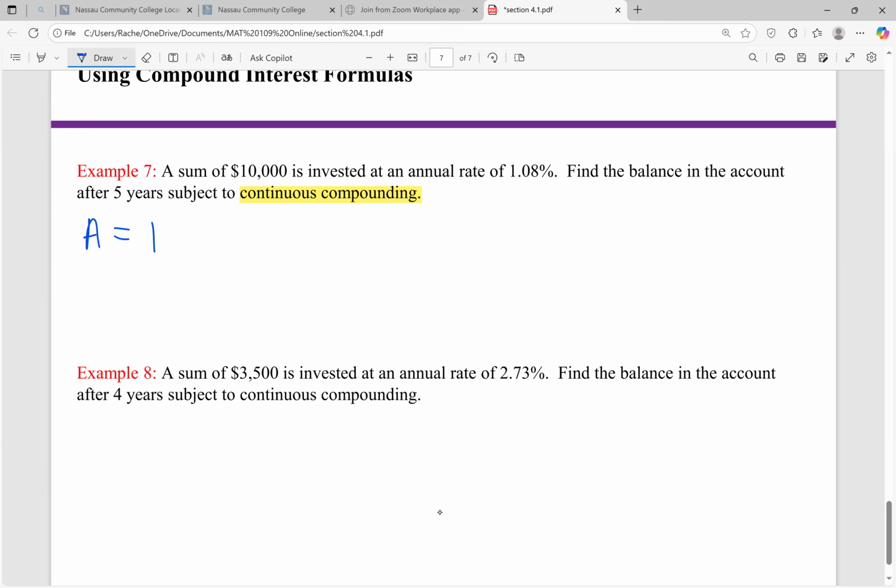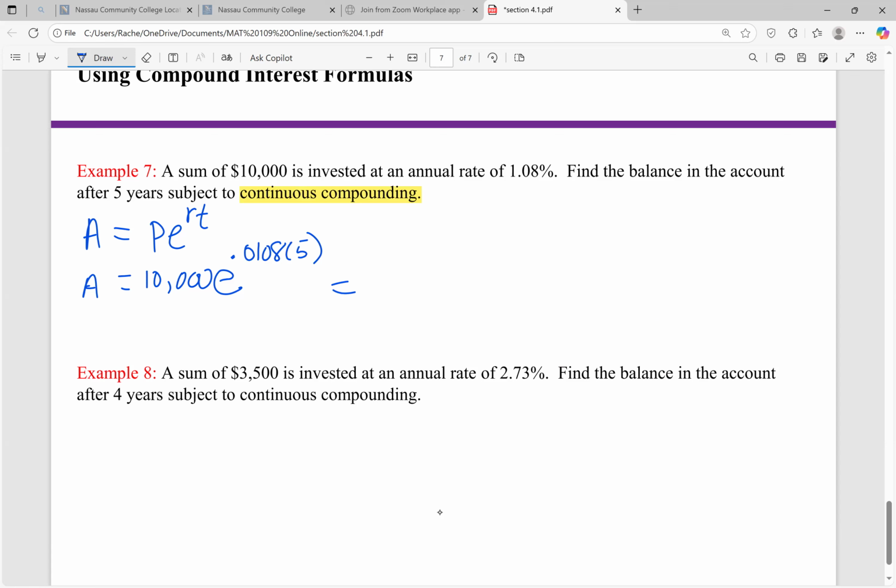Anytime we want to calculate continuous compounding, we use this formula: A equals P times e to the r times t. So in this example, P is 10,000 times e to the r, which is 0.0108, and times t, which is 5 years. So we're going to plug this into the calculator.